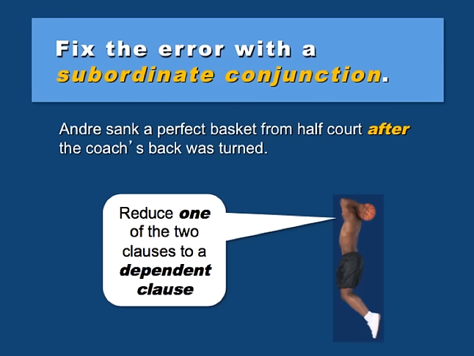Or finally, we can add a subordinating conjunction and make this a complex sentence. Andre sank a perfect basket from half court after the coach's back was turned. So we've reduced the second clause to a dependent clause, making this a complex sentence. Remember the general rules when we punctuate complex sentences. If the dependent clause comes first, we need a comma.